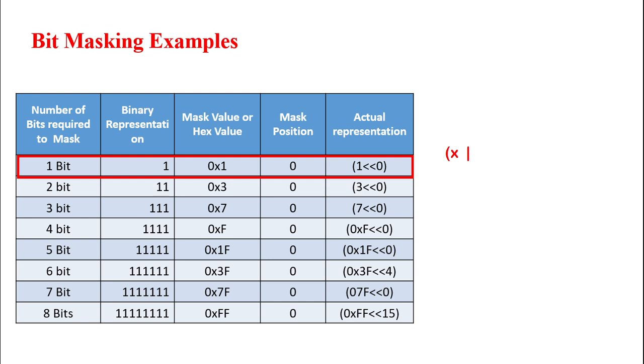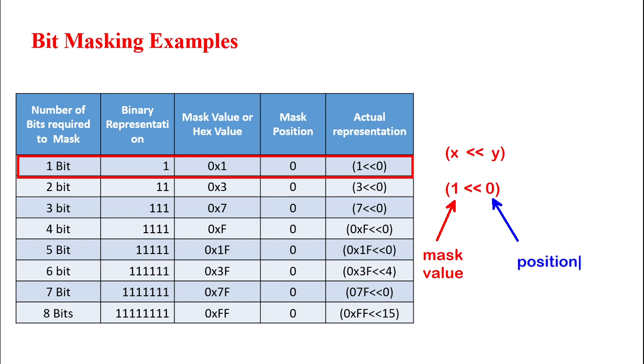So you need to recall our X left shift of Y. Just now I have explained, X left shift of Y has two parameters. The left side is the mask value, which means how many bits you need to create a mask, and the right side parameter is position.